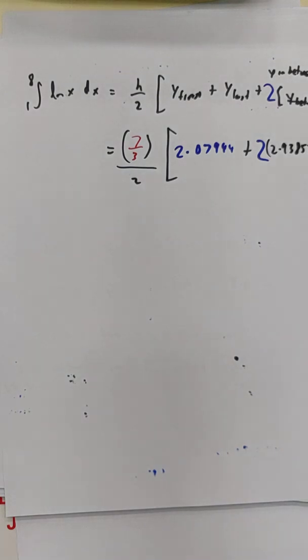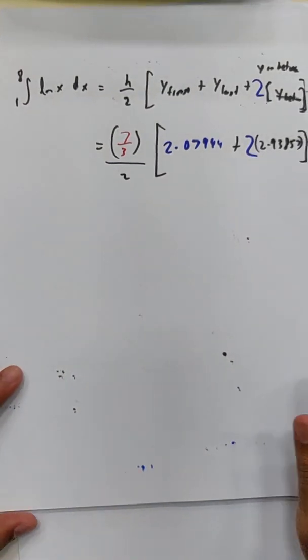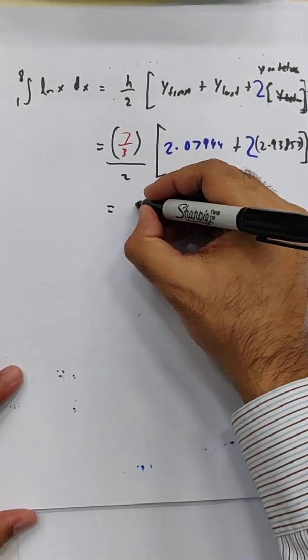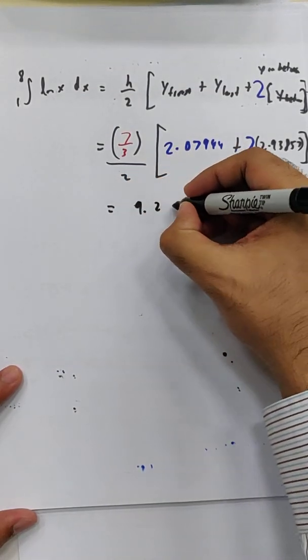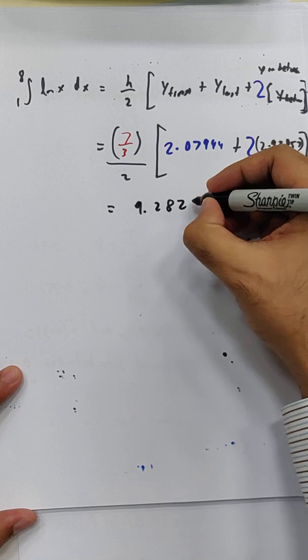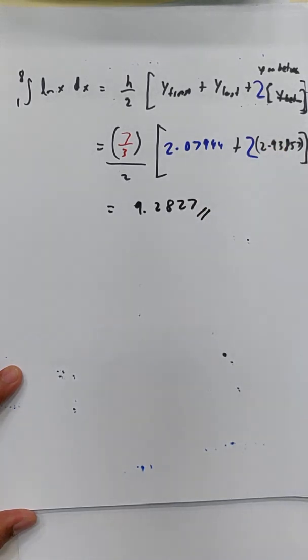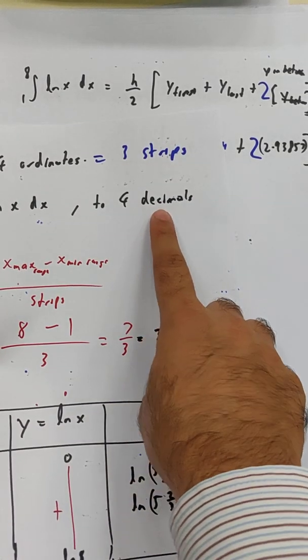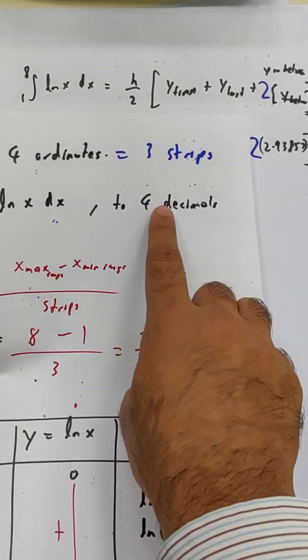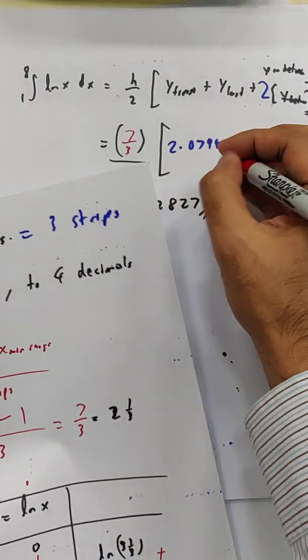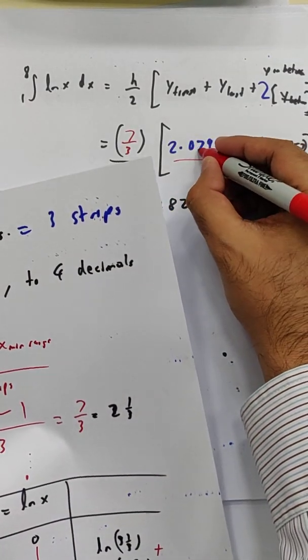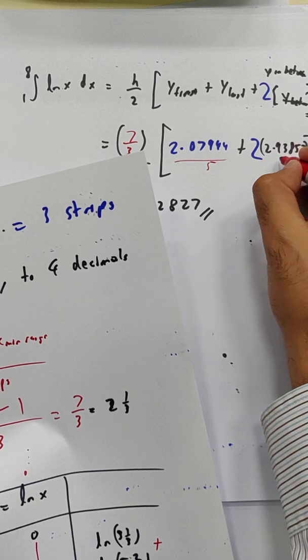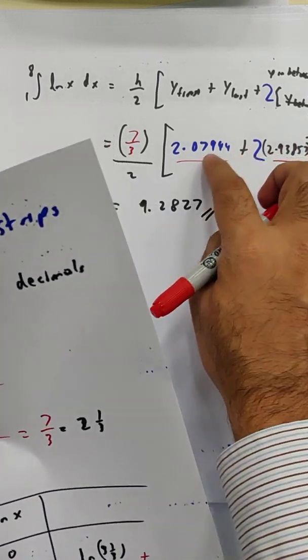Press that into your calculator correctly. You should be able to reach the conclusion of 9.2827. 4 decimals. The question would like to have 4 decimals. As I mentioned just now, if they want 4 decimals here, I give 5 here. Yay! My method is correct this time.